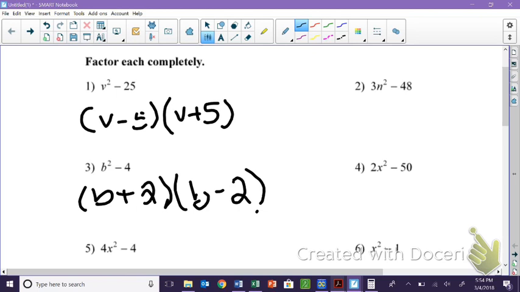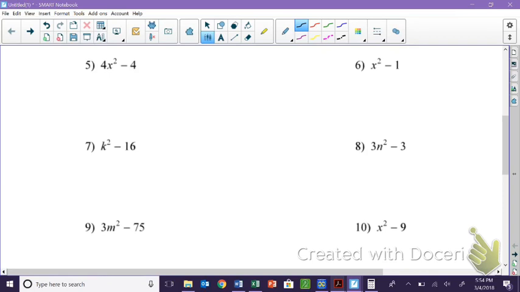Number 5. Alright, number 5, you have a 4x squared minus 4. Some of you are going to be like, oh, Miss Smith, it's 2x minus 2 times 2x plus 2. That is not the case. You need to divide out a 4.